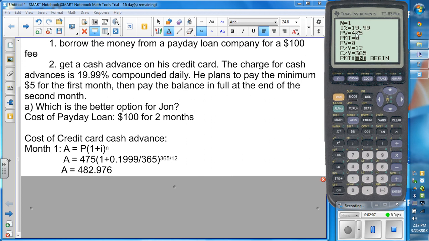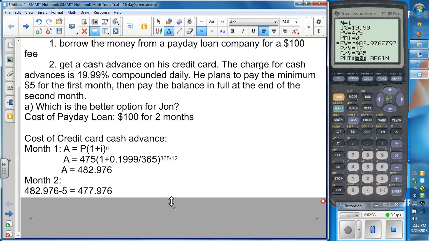We're not going to pay anything on this until after the first month, so that $5 isn't going to come into play until we get to the second month. And our future value is what we need to solve for. To solve for a value, you hit alpha and enter. That brings up solve. So it's going to be 482.976. Well, that's exactly the answer we found here, so that's fantastic.